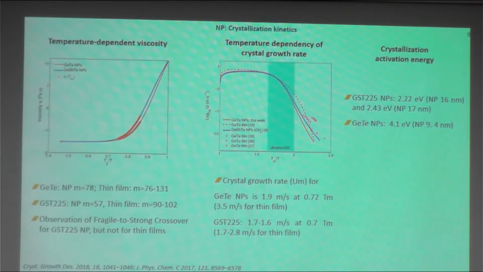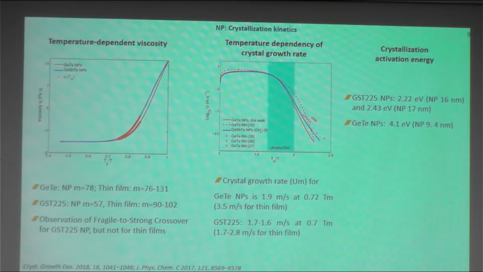So now we can also look at other material properties like viscosity, temperature dependency of crystal growth rate, and also crystallization activation energy. If you look at the temperature dependent viscosity, these are the nanoparticles of GST and germanium telluride.